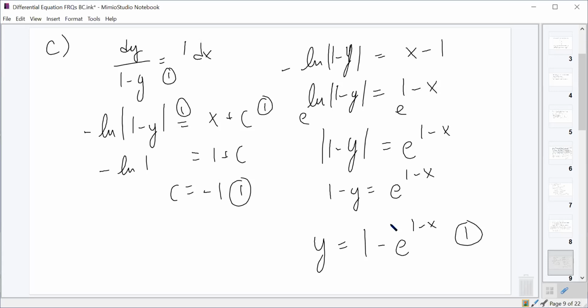If there was a discontinuity only at 3, then we'd choose negative infinity to 3, because 1 falls in that interval. Does that make sense? Everybody good? Zoom? Good. Good. Zoom, good.